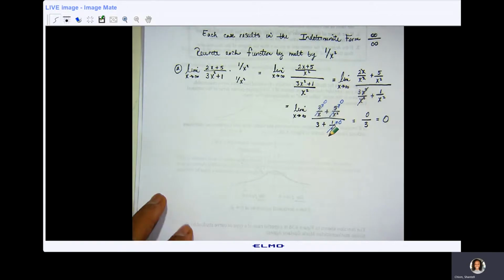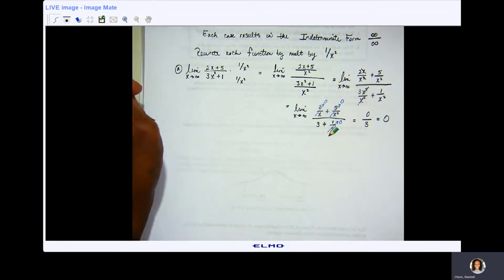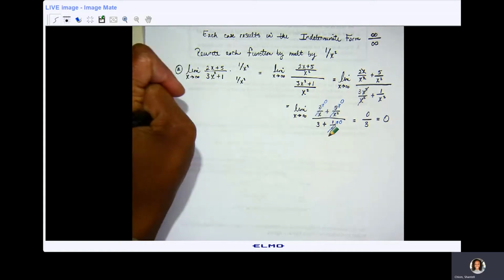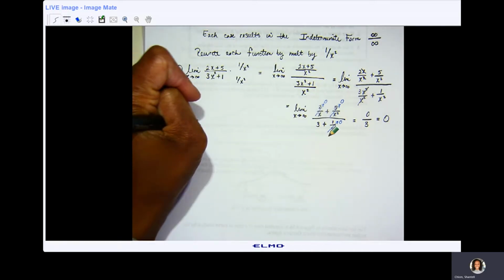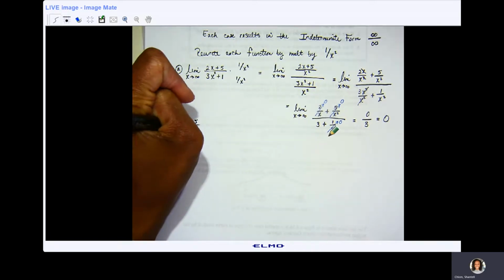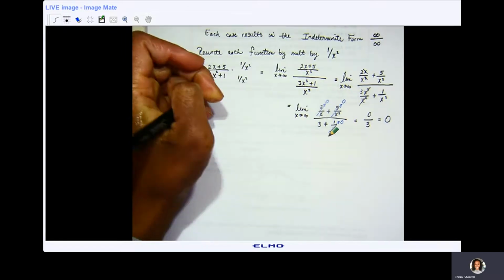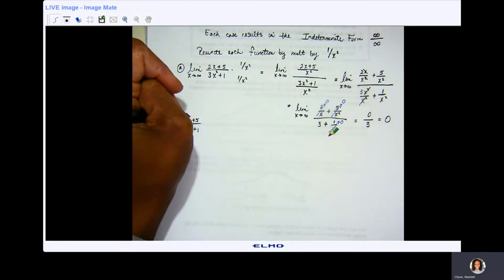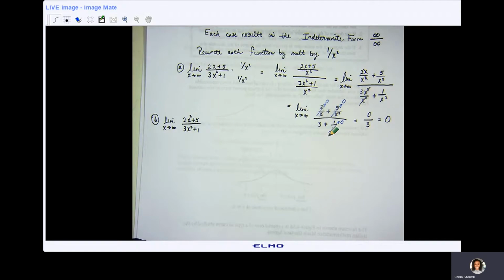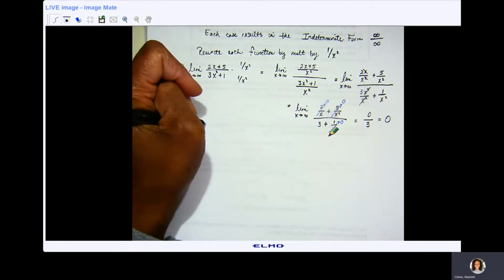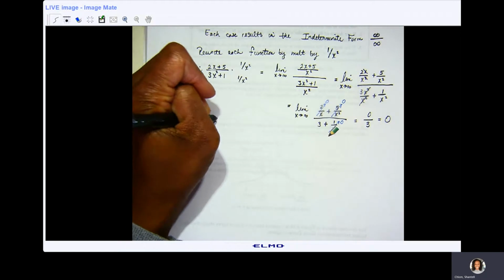Okay? Let's go ahead and look at B, and we'll try to look at C as well. The limit as x approaches infinity of 2x plus 5 over 3x squared plus 1. Actually, that's 2x squared plus 5 over 3x squared plus 1. So again, I'm going to multiply top and bottom by 1 over x squared.